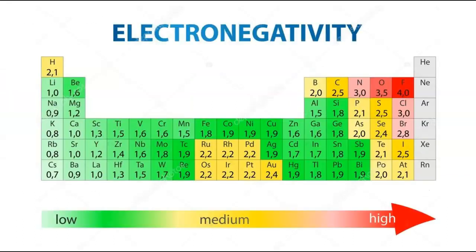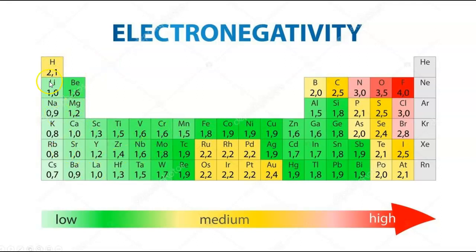Now, one of the main theories behind why water has this property is explained partly by the electronegativity of certain elements. So this is the periodic table, as you might know, and the values beneath each element are the electronegativity of the element.